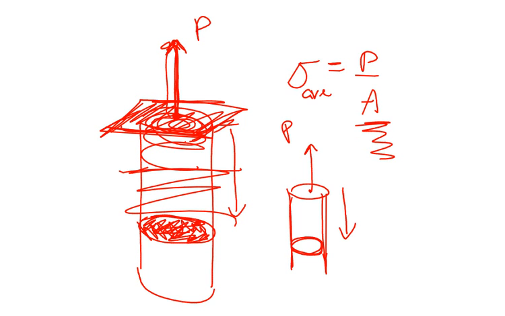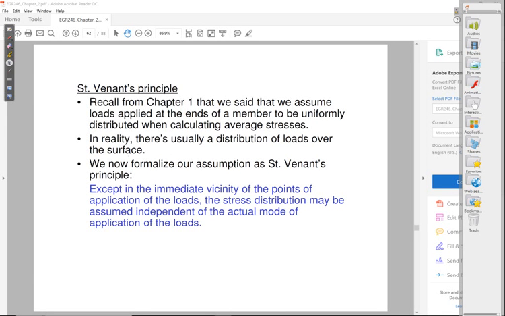Just another quick note: when you apply a shear stress, remember what we said, this is not the case. St. Venant's principle does not apply to the case of shear. It only applies to axial loads or normal loads. So that's all I wanted to say about that.